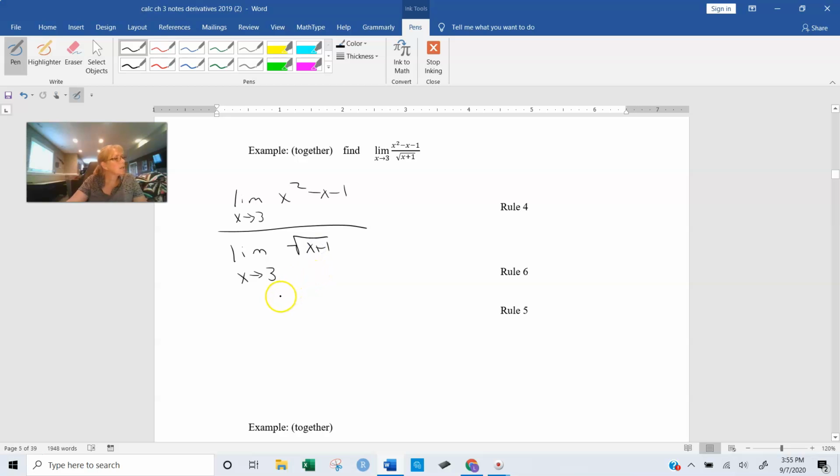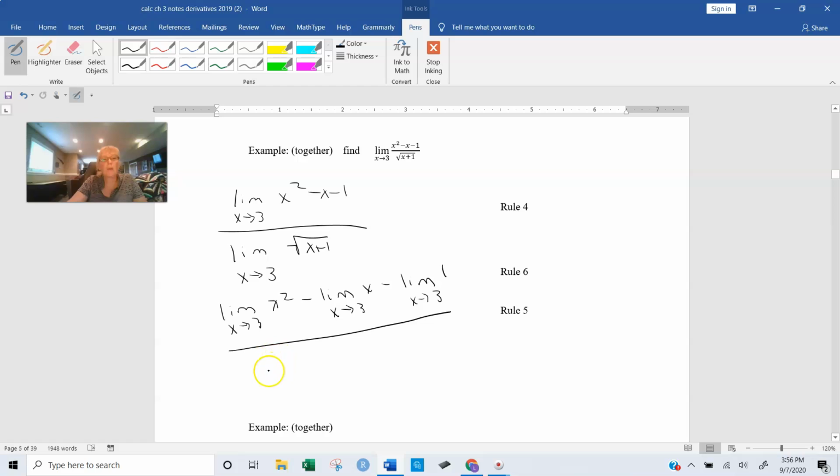Okay, next, we know that we can break apart these limits. So this is the limit as x approaches 3 of x squared minus the limit as x approaches 3 of x minus the limit as x approaches 3 of 1. All over. Now let's break this up.